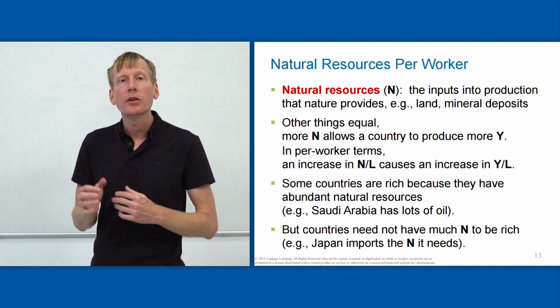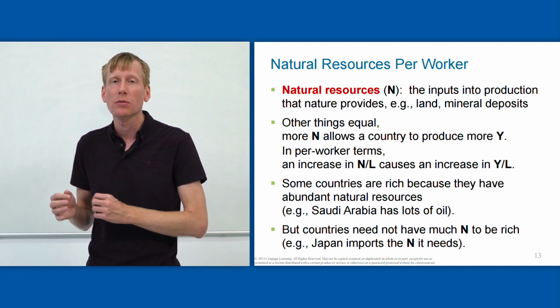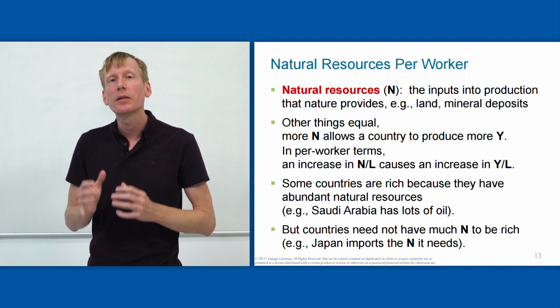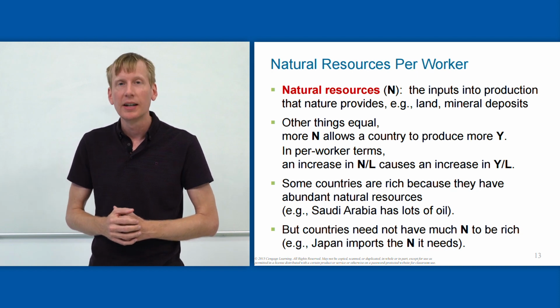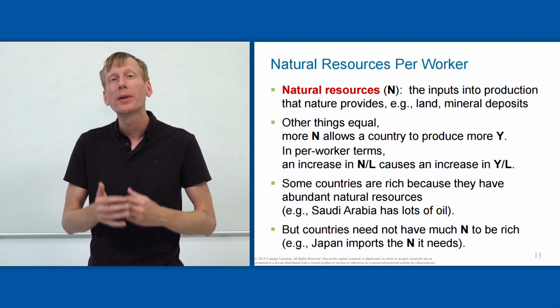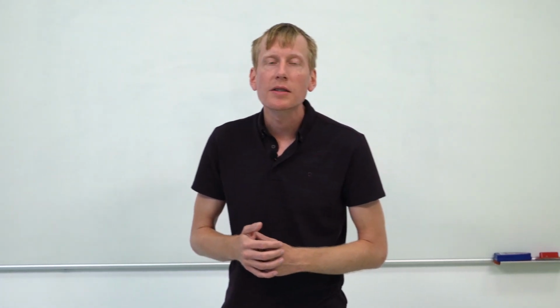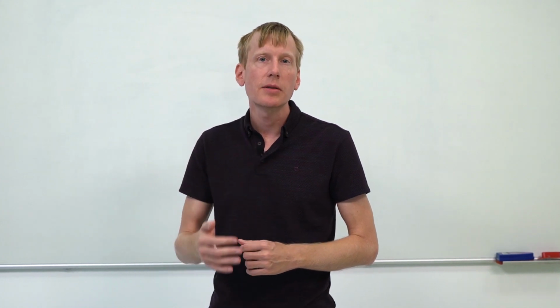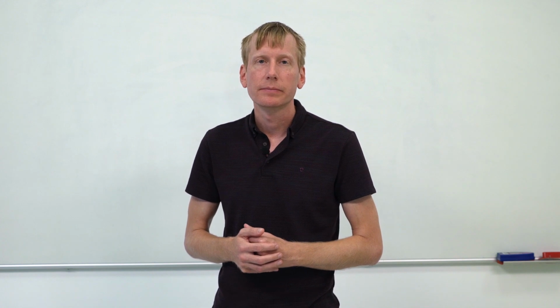So we may have some countries that got a head start on growth and development due to the existence of resources during a period in time when resources per worker were very important, such as coal in Britain in the 18th century.